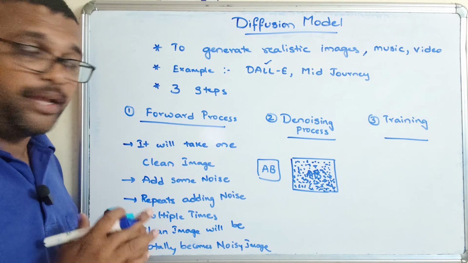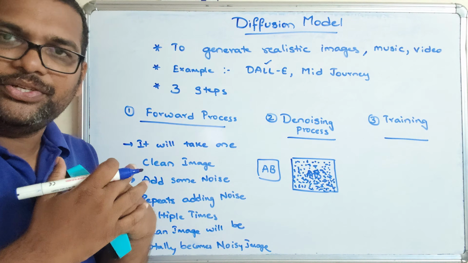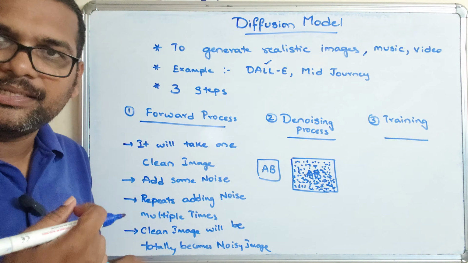So why is this happening? In the second step, it starts denoising the image, that means removing the noise.